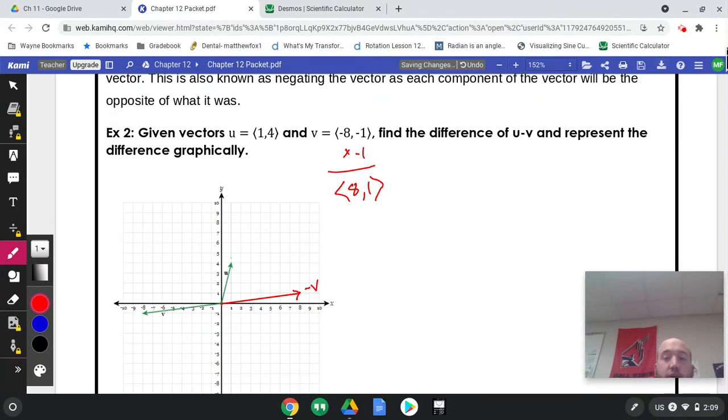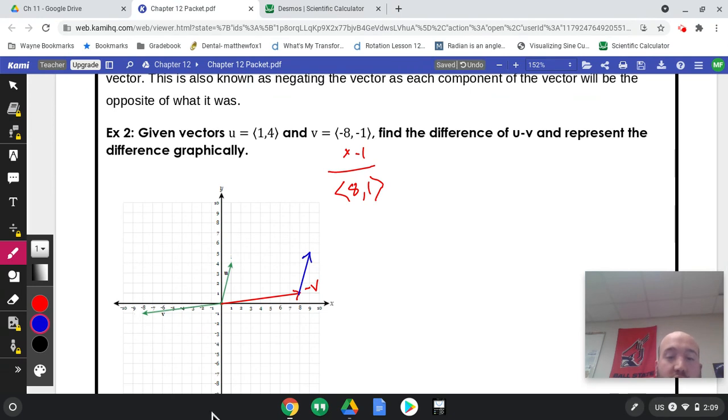And now, if we are combining that with u, so u plus -v, if we just put those together, we can use tip to tail again. We can either put the -v up here or the u over here. It doesn't matter which way. U was over 1, up 4. So from that, if I go over 8, up 1, right there.